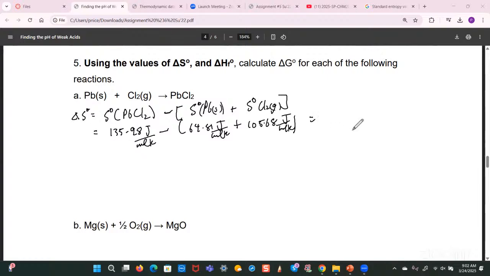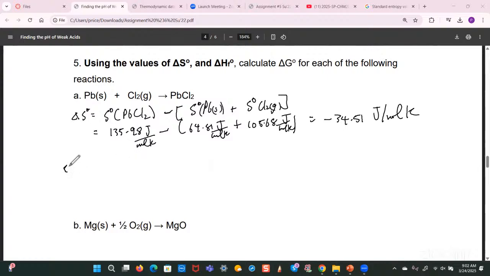And according to my calculation, and please correct me if I'm wrong, this works out to be minus 34.51 kilojoules. Not kilojoules, I'm sorry, joules per mole Kelvin. So that's delta S for the reaction.